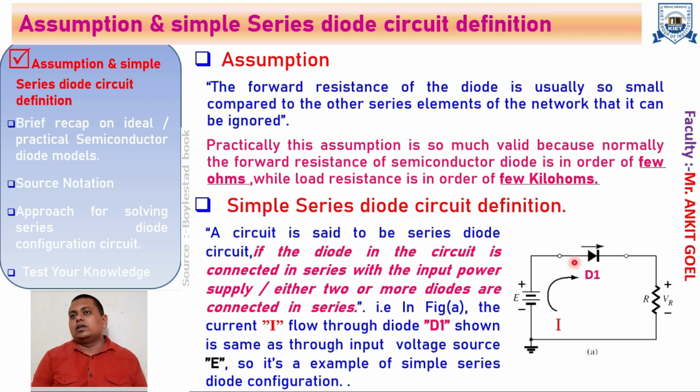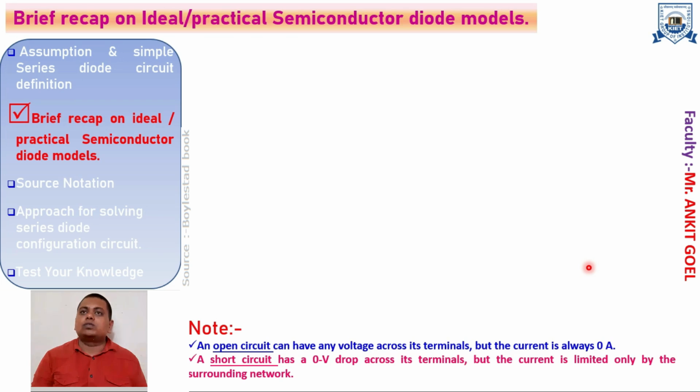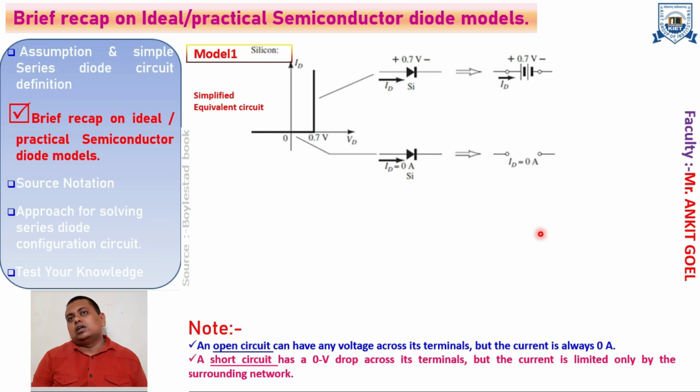We will briefly summarize the models. We have two types of semiconductor models. One is the simplified equivalent model. In this model we have the equivalent circuit of the silicon diode with a cut-in voltage of 0.7 volt.